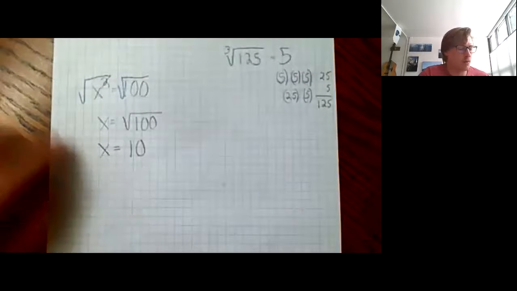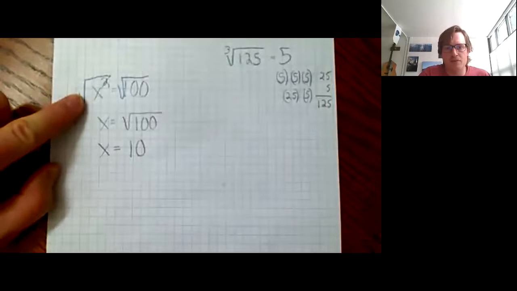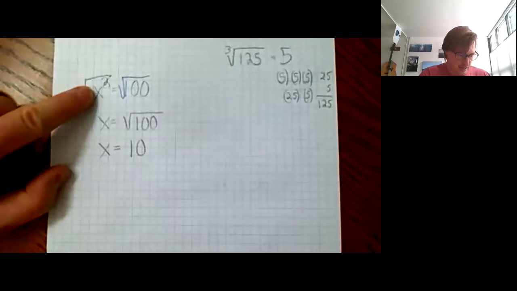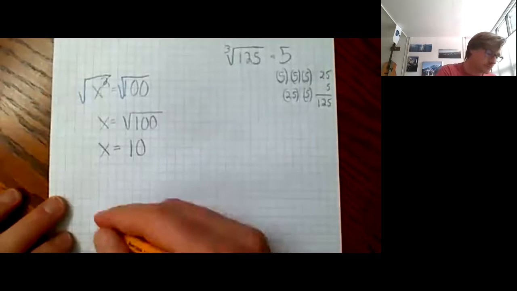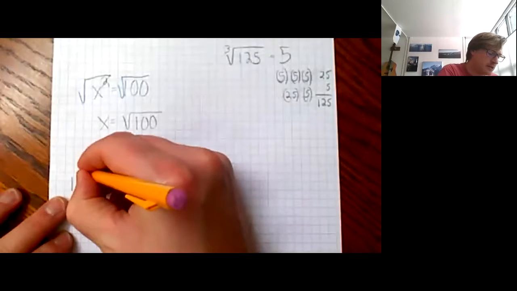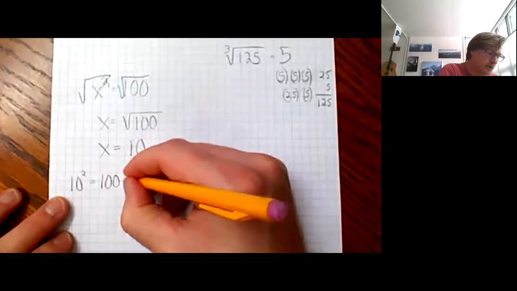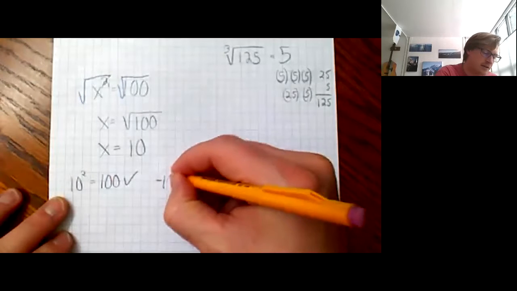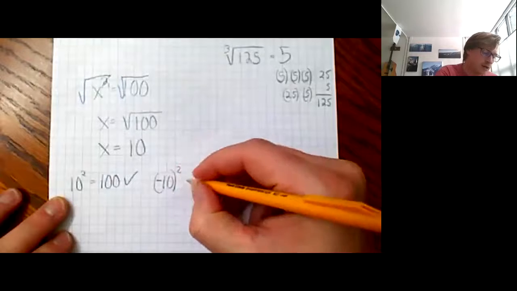But what's different about these type of problems when you're squaring something is that you need to consider the positive and the negative number. Because if I were to plug this back in to my original equation, we get 10 squared equals 100. Well, that checks out. But what about a negative? What if I had a negative 10 squared?